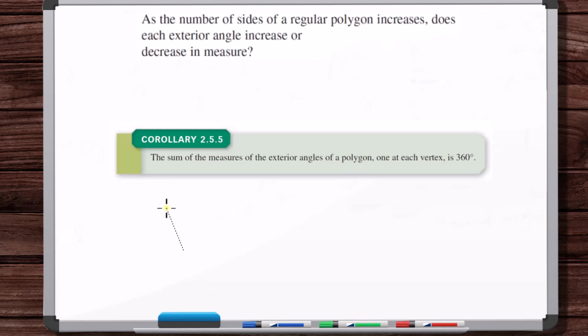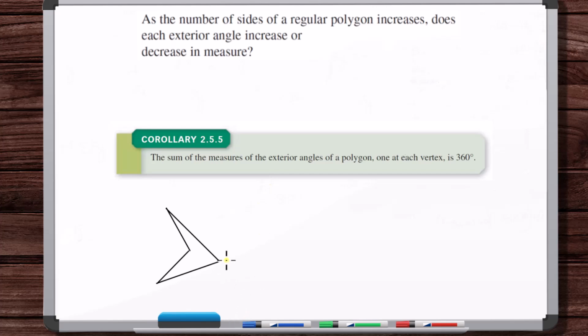But if you have a concave polygon, you don't have to think about having one exterior angle at each vertex. If you have a vertex that's associated with an interior angle that's not reflex, like all convex polygons have, then you're going to have two exterior angles at that vertex that are going to be the same measure.